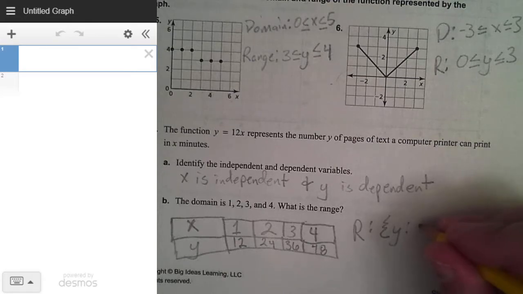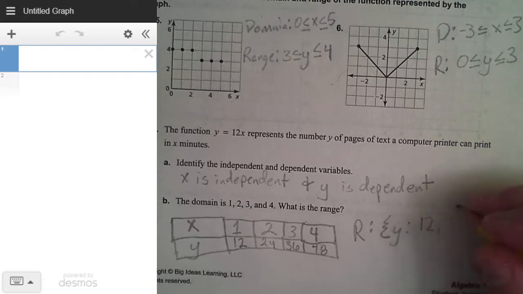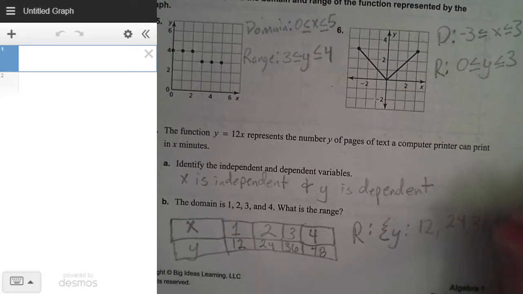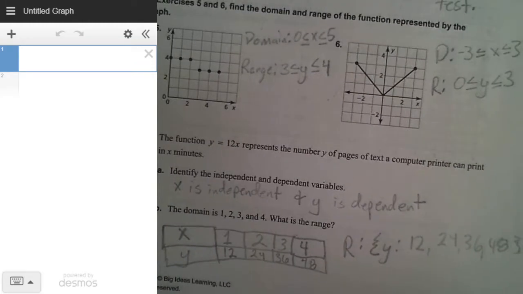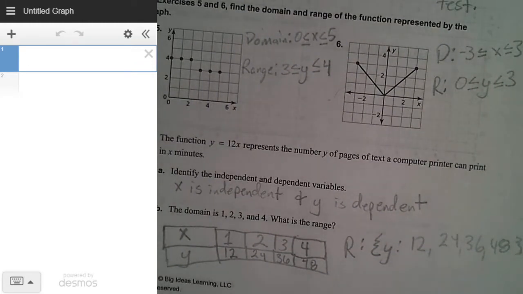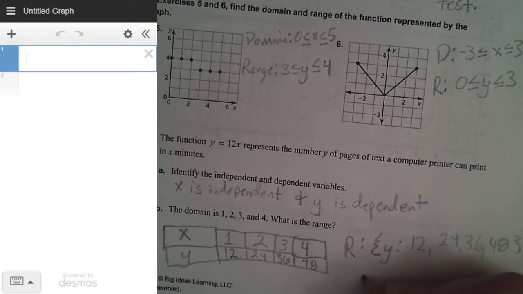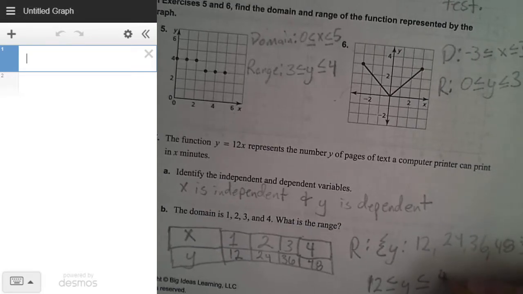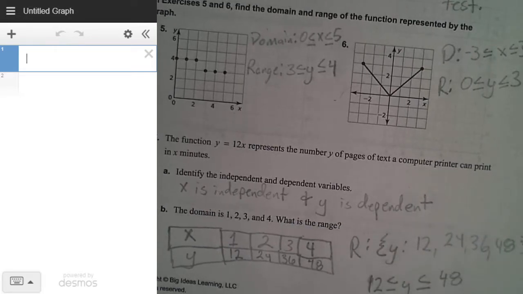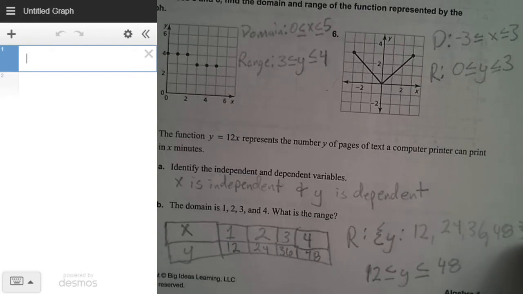So it's going to be 12, 24, 36, and 48. We can put it that way, or you could say 12 is less than or equal to y, which is less than or equal to 48, if you are more comfortable with that.